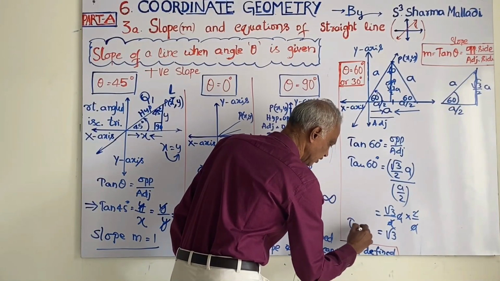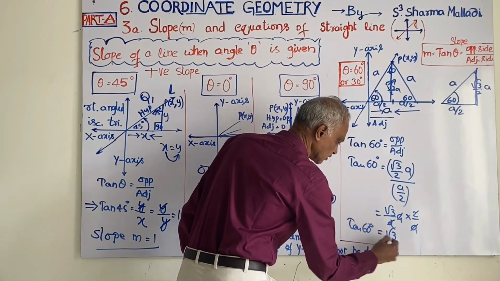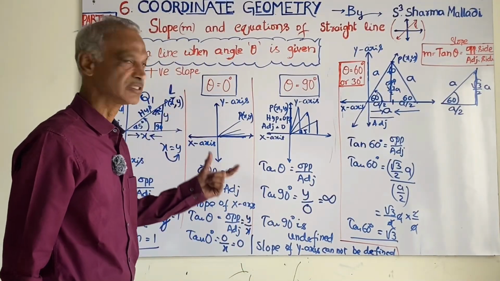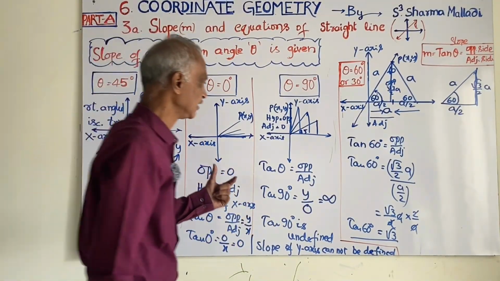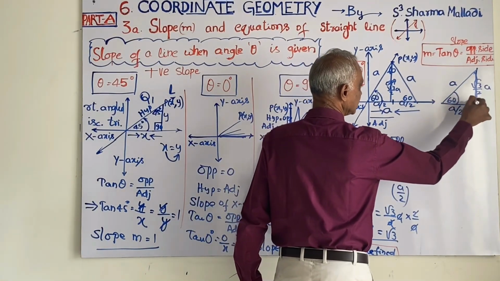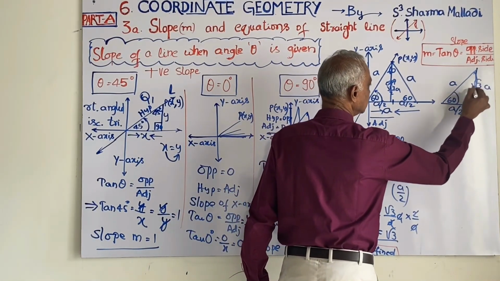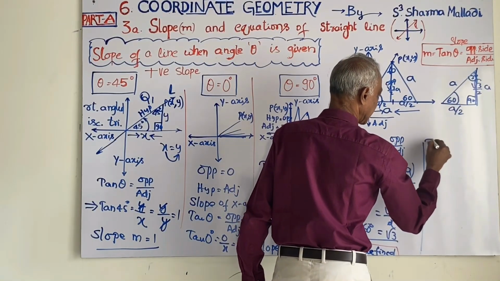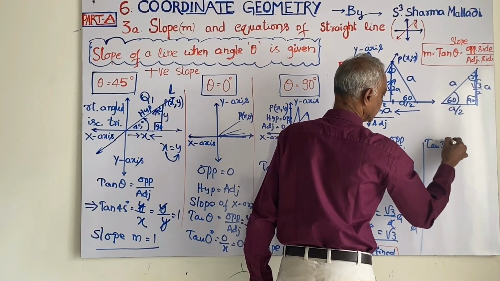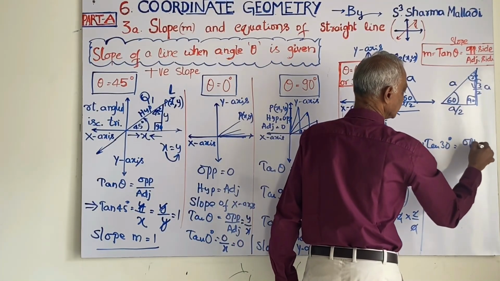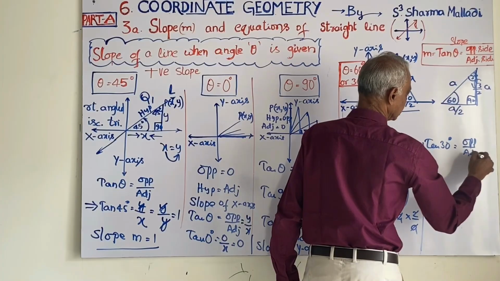What is the value of tan 60? What is the slope of the line when theta is equal to 60 degrees? That is root 3. Now we have to find tan 30. See, this is 60 and this is 90, so this will be 30 degrees. Now I will find tan 30, which is opposite side by adjacent side.